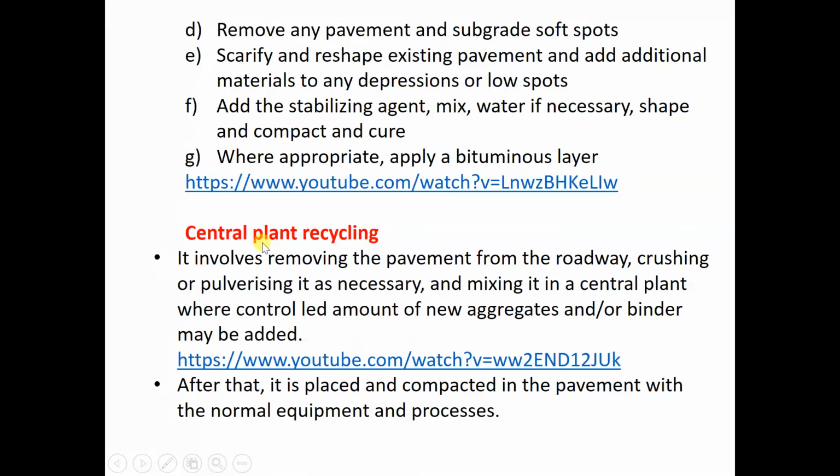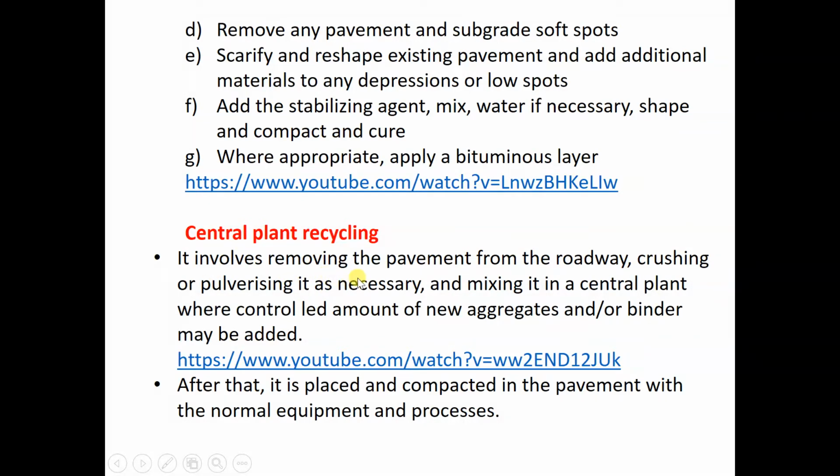They can have a stockpile of some recycling materials on the site, and when it's necessary, they can use the recycling material from the central plant as pavement material, as aggregates for the base course or the sub-base.